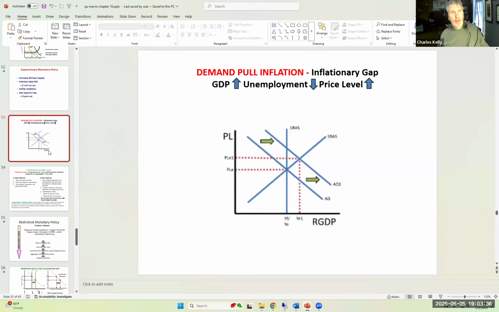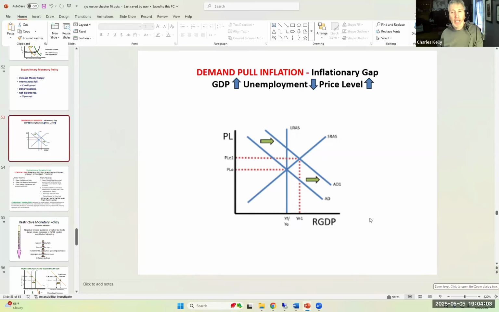Way back, we talked about Okun's law, and we said there could be a time when actual GDP is exceeding potential GDP. And that could cause a situation where the price level has gone above our 2% target and could be significantly above.